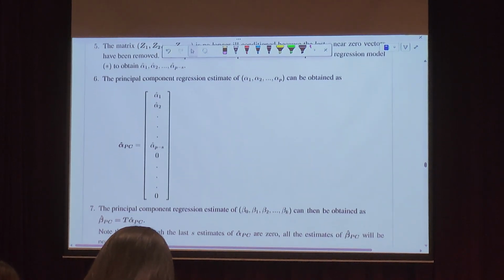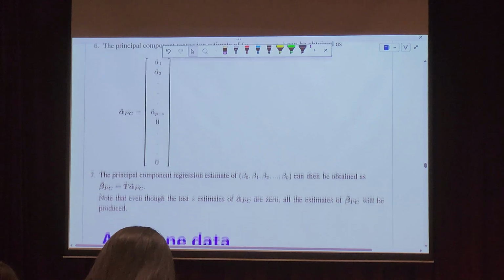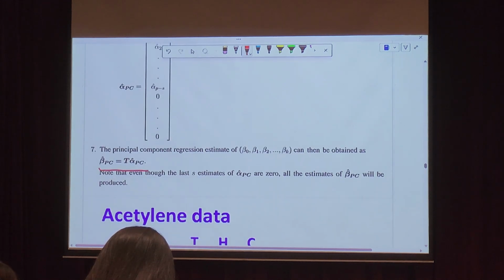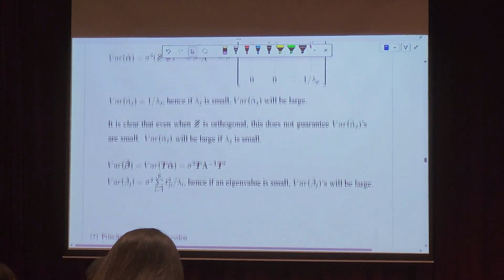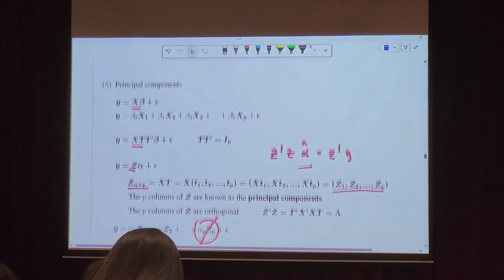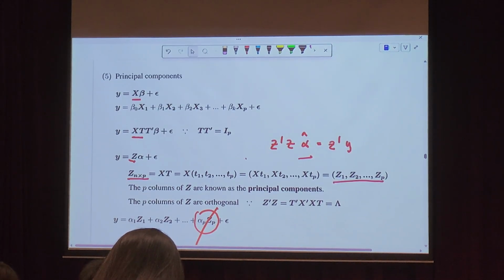So how do we get back beta? Well, beta can be obtained by this transformation here. That's how we define the relationship between beta and alpha.